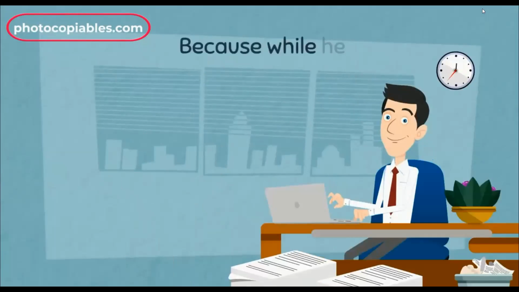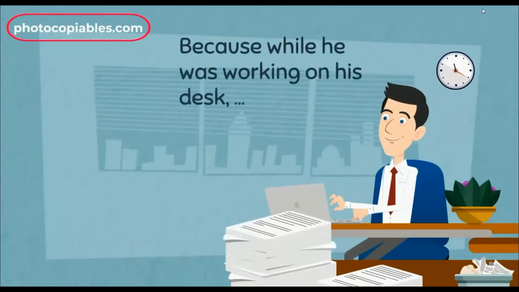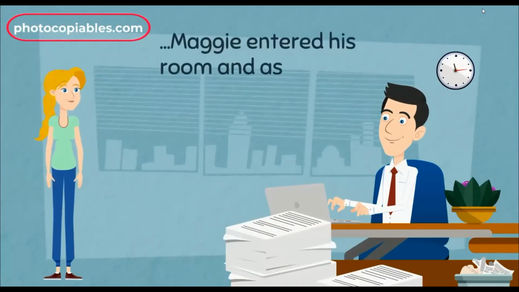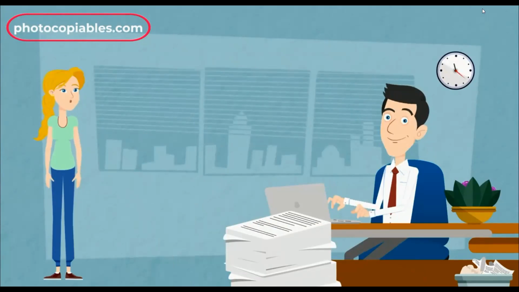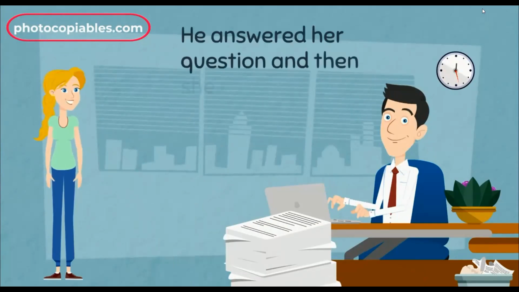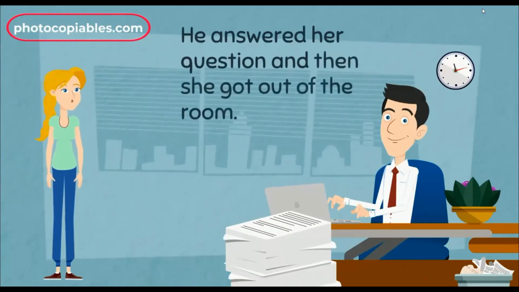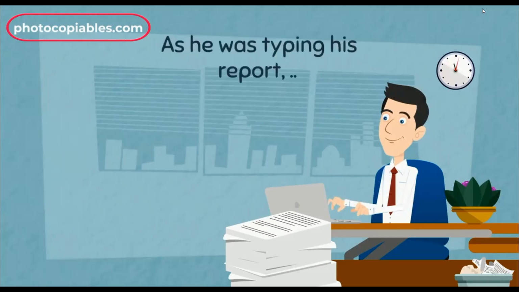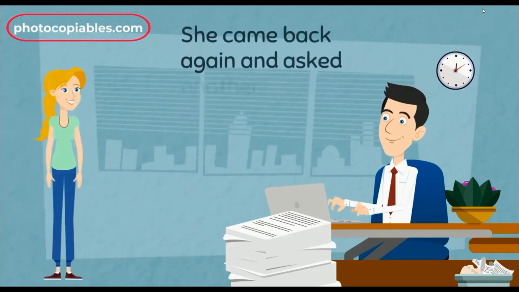Because while he was working at his desk, Maggie entered his room and asked for help. He answered her question and then she got out of the room. As he was typing his report, she came back again and asked another question.